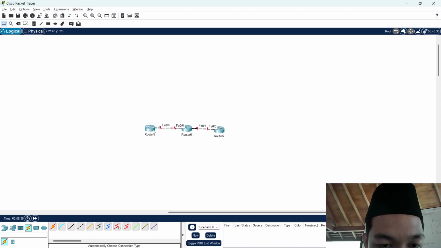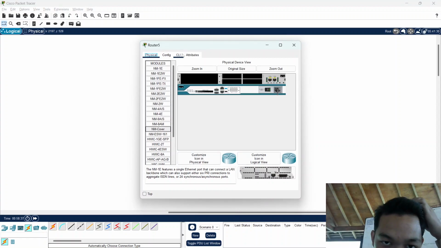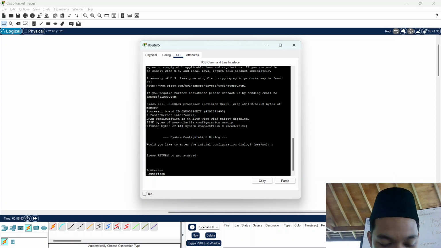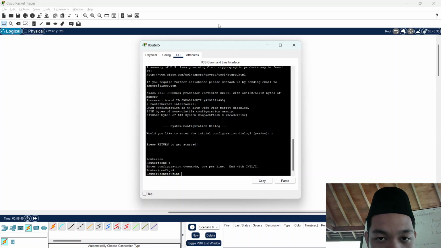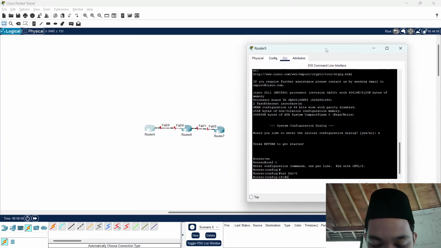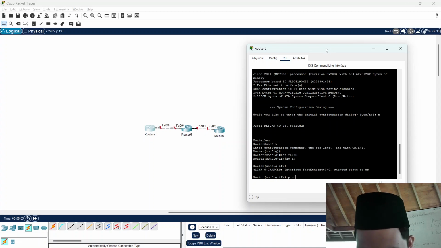After this you open the router and connect to the CLI, and then no, enable, configure terminal, interface FA 0/0, no shutdown, and then IP address 10.10.10.1, 255.255.255.0.